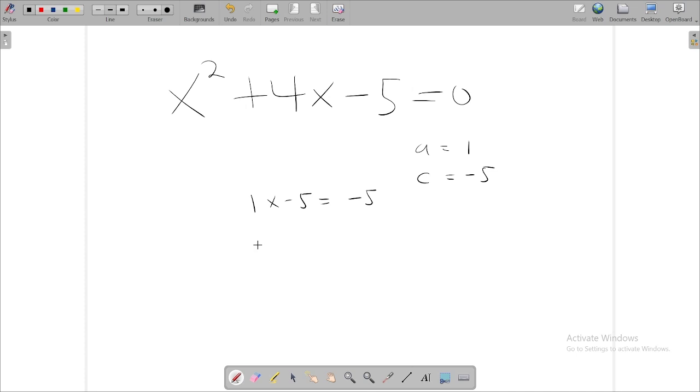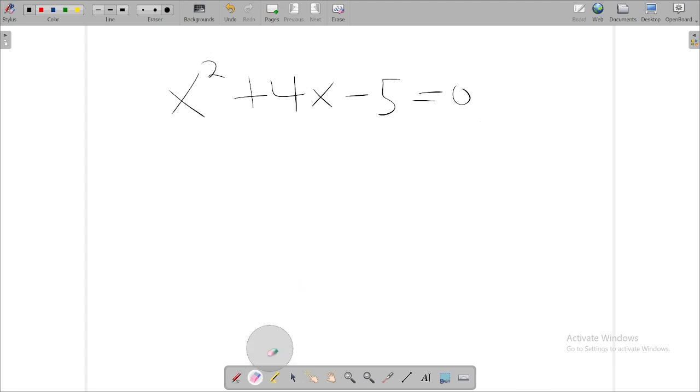So if you consider -1 times +5, it gives us -5. Now, when we add -1 plus 5, it gives us 4. So then it means we will use -1 and then 5 as the factors. Good.